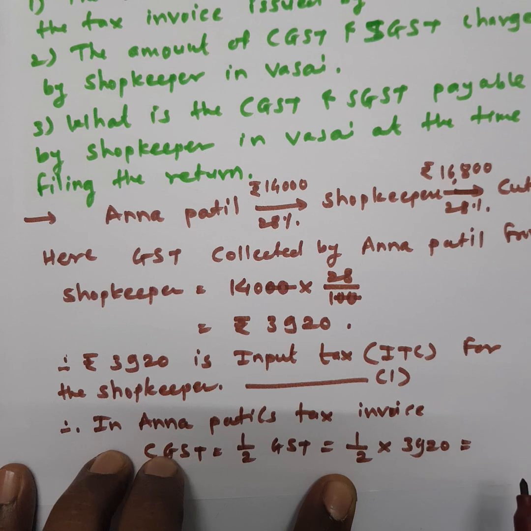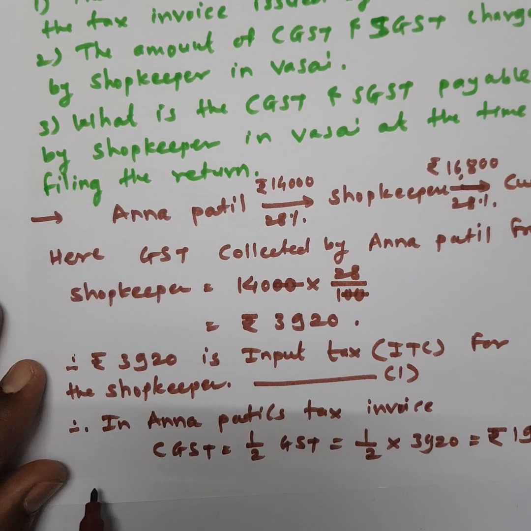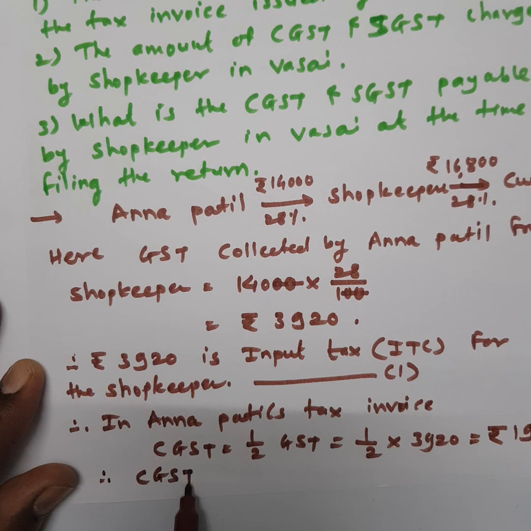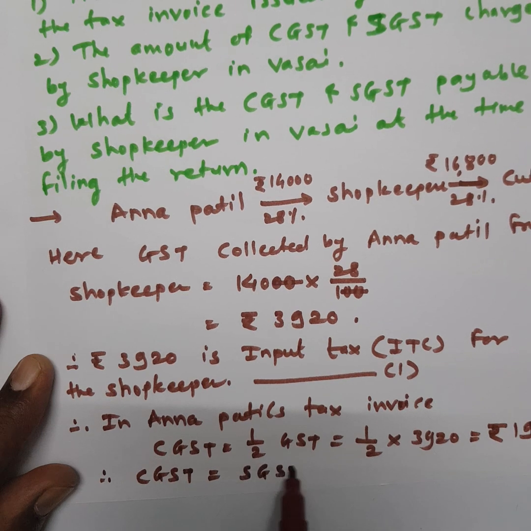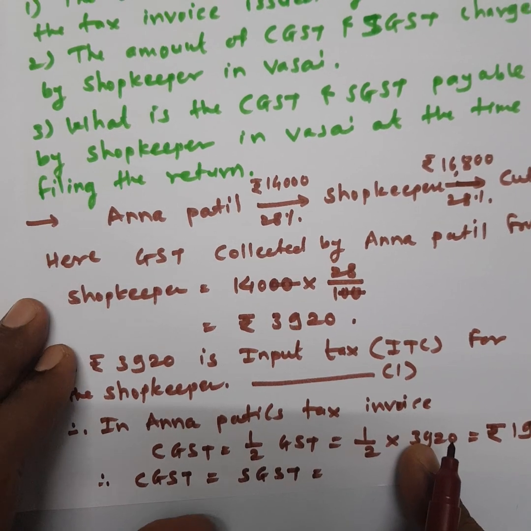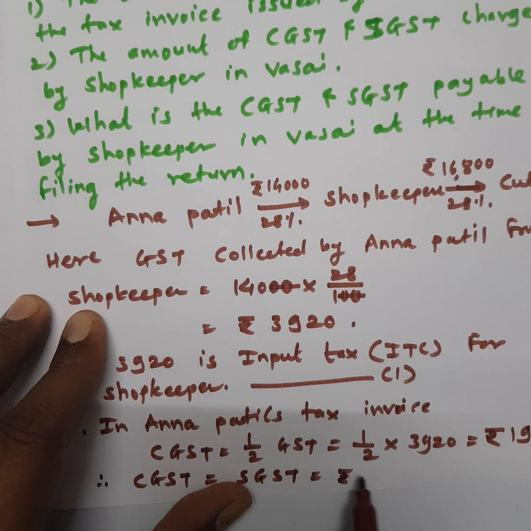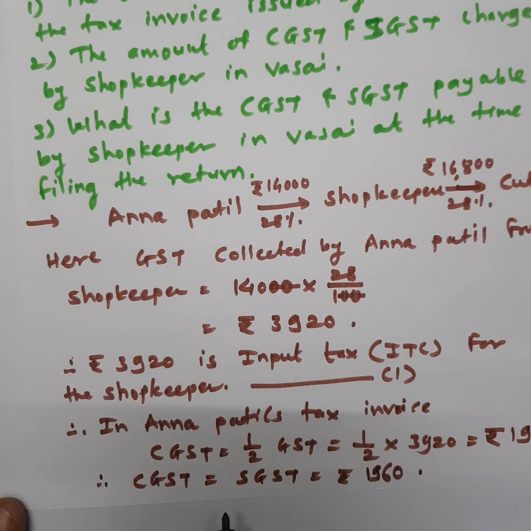This division will be rupees 1960. Therefore, CGST is equal to SGST is equal to rupees 1960. This is the answer of the first question.